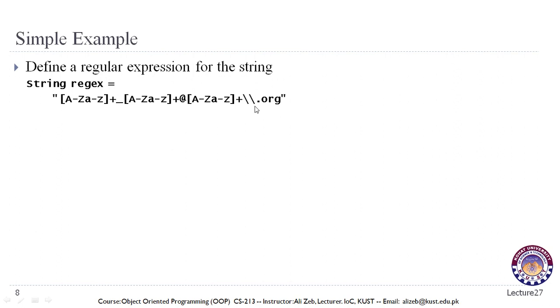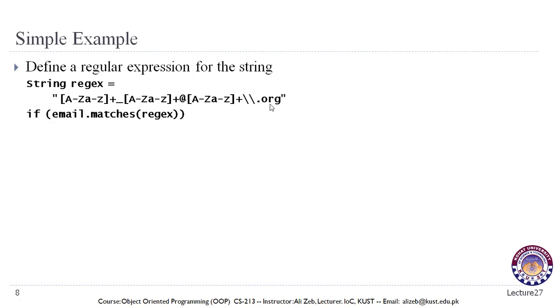We are using the double slashes because the dot may be used as another identifier in a regular expression. That is why, if we want to check for a literal dot, we need to use the double slash symbol, and then org will be checked.